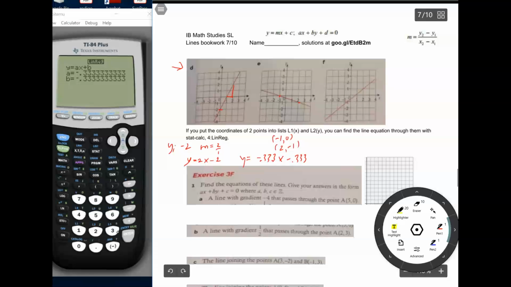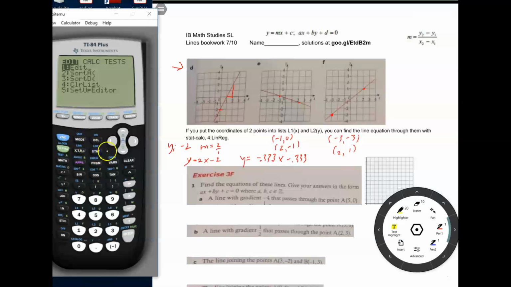Okay, and for this last one, there is a point, and there is a point. So I'm going to put in -3, -3, and 2, 1. So we'll do stat, edit, -3, -3, oops, I messed up, this one is 2.